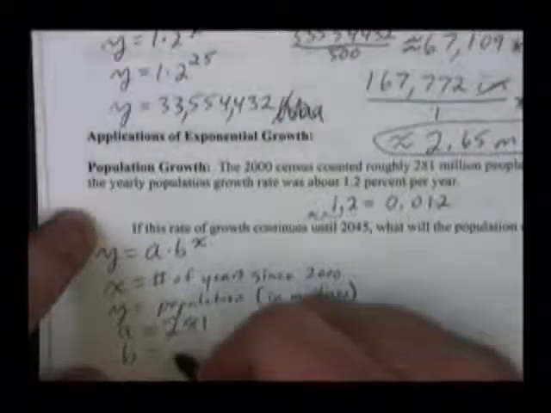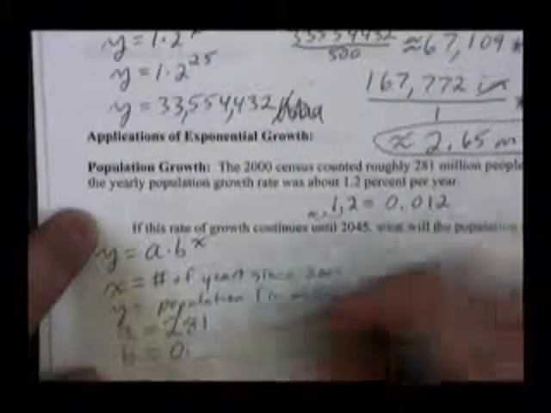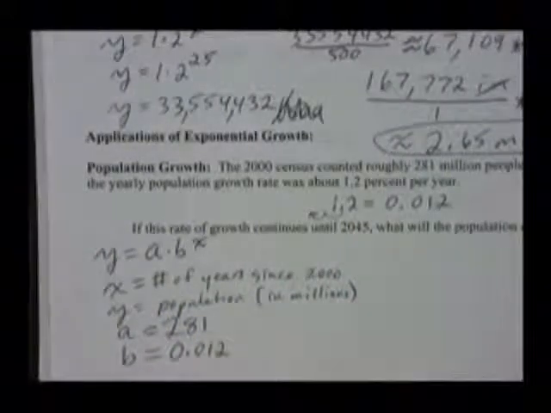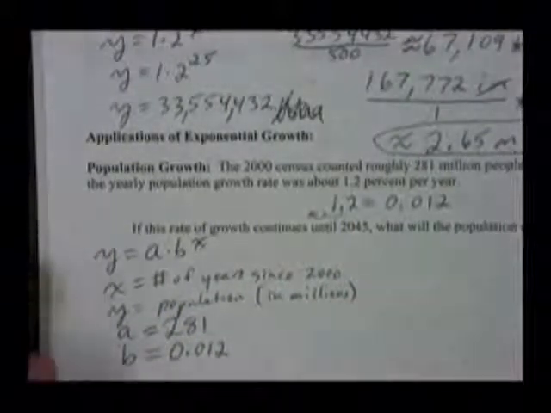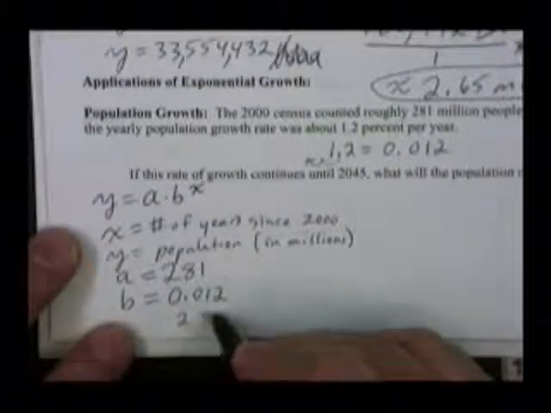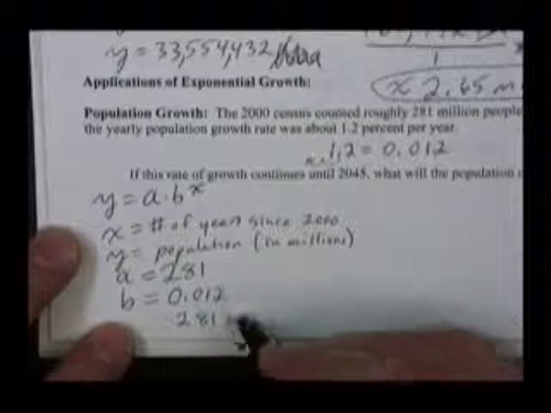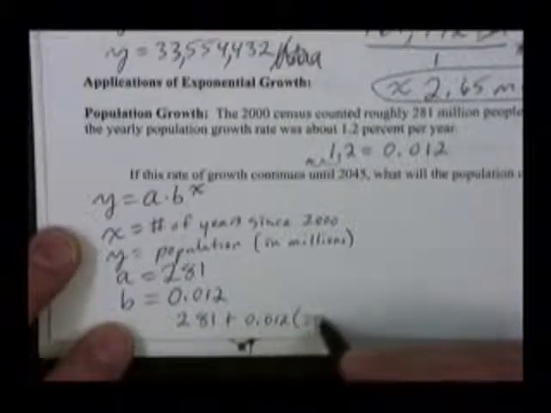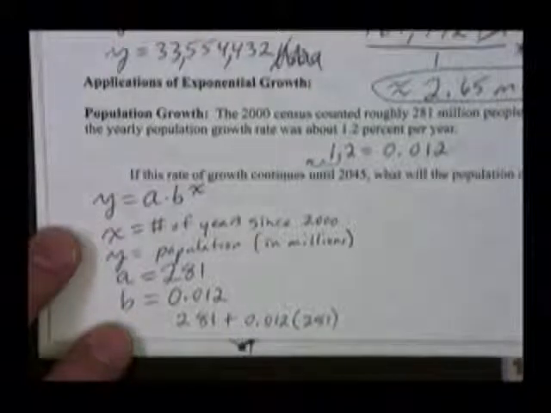Now you would probably think that it would just be this percentage up here. But that's not quite right, because we're going to start with 281, and we're going to add 1.2% of 281.